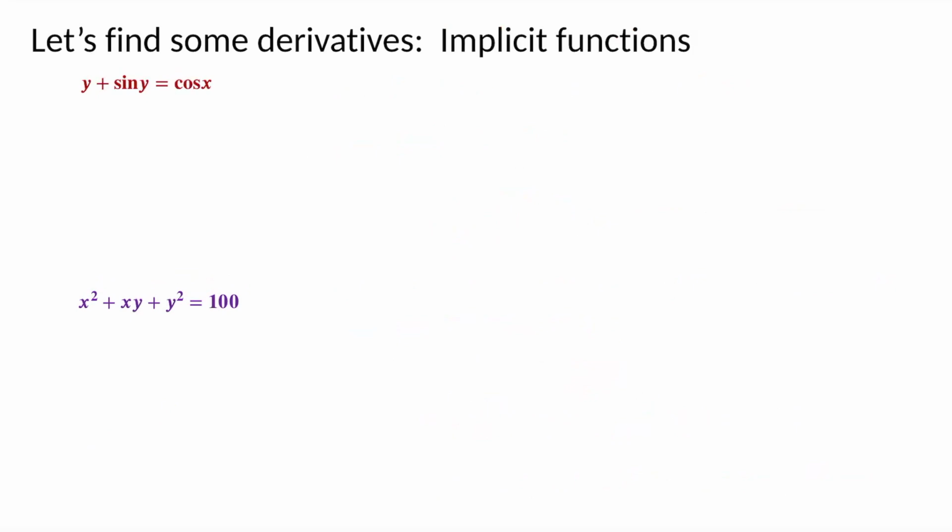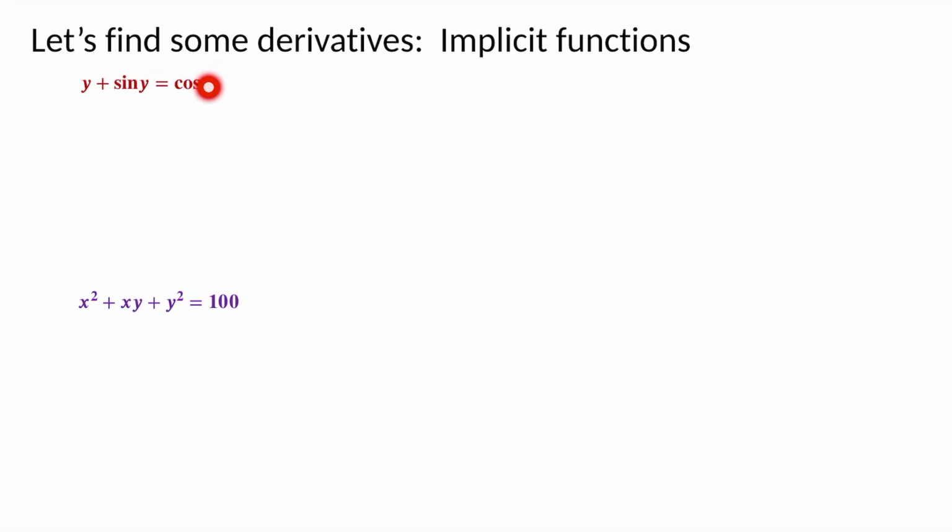Okay, let's look at some other types of functions. Look at this example here on the top, y plus sin y equals cos x. Now here we want to find the derivative of y with respect to x, dy by dx. Here the problem is that we can't express y neatly in terms of x. So what do we do? Well, it's not too complicated.